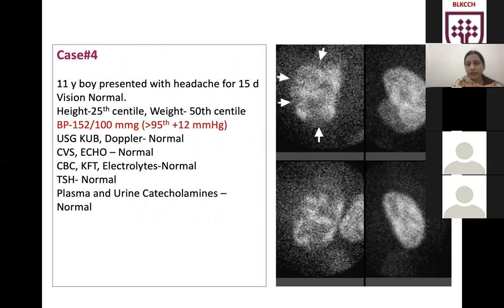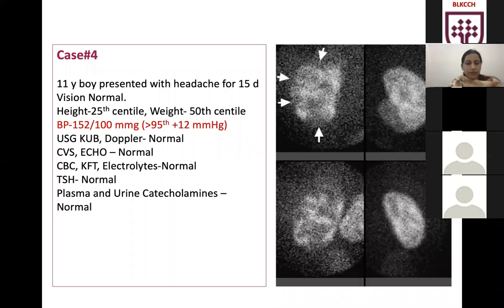So coming on to the next case, this was the role of DMSA scan in UTI, and it may have application in other settings also. Like this 11-year-old boy who presented with headache for 15 days. His vision was normal. He was not obese. There was severe hypertension, more than stage 2 hypertension, confirmed on multiple occasions. Ultrasound and Doppler were normal. Cardiac evaluation was normal. Kidney function test, thyroid function test, plasma and urine catecholamines were all normal.